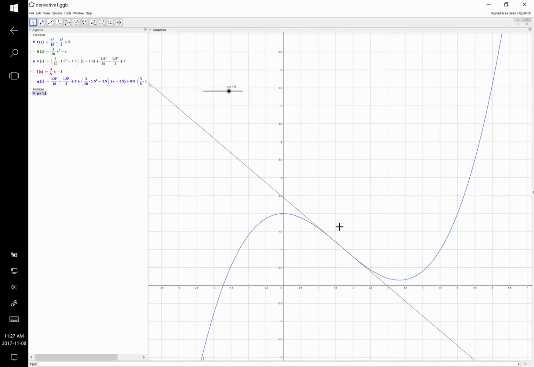It changes from concave down to concave up, and so here we can see that my approximation is pretty good over a pretty wide range of values, all the way from maybe 0.5 up to 3. I've got a decent approximation.